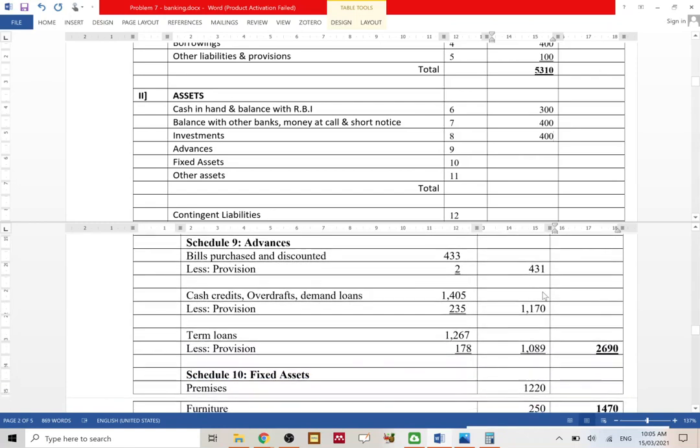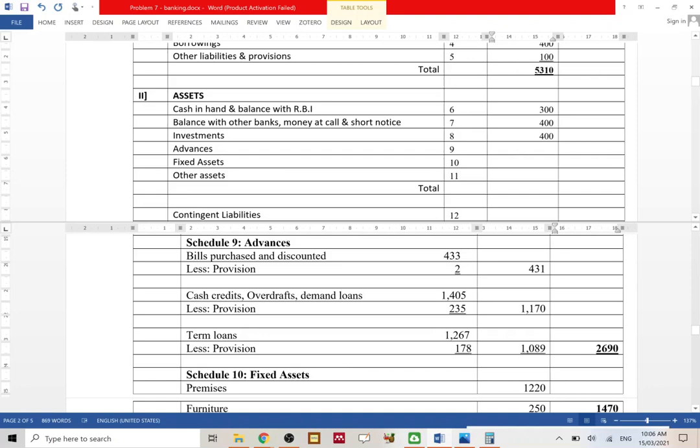Advances. So the advances, what we had done is we calculated provisions, isn't it, on each one of those categories: bills, cash credits, term loans. So we gave the provisions two effects. One was we showed it in the profit and loss account by showing it in provisions and contingencies. Second effect was minus the provision from the respective advance or respective loan. So bills purchased, their provision was this much, cash credits provision was this much, term loans was this much, and we get the final totals.